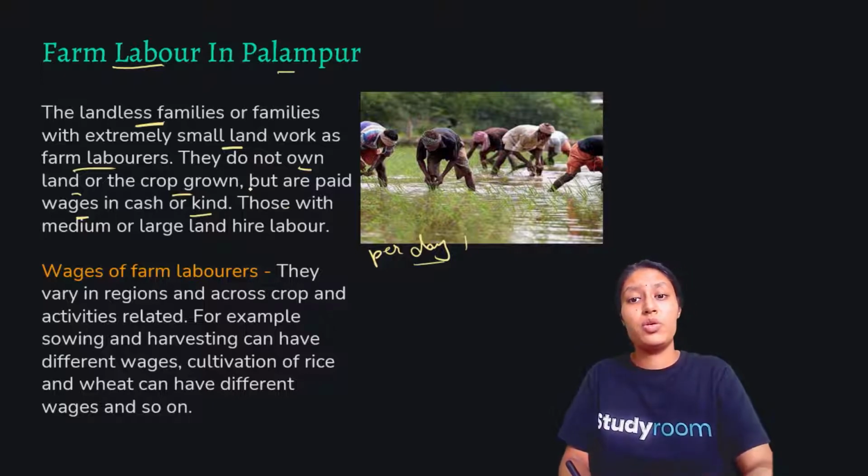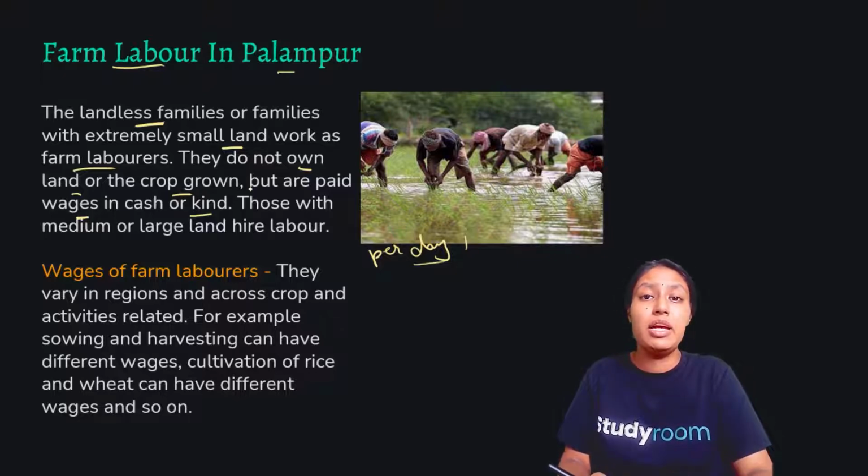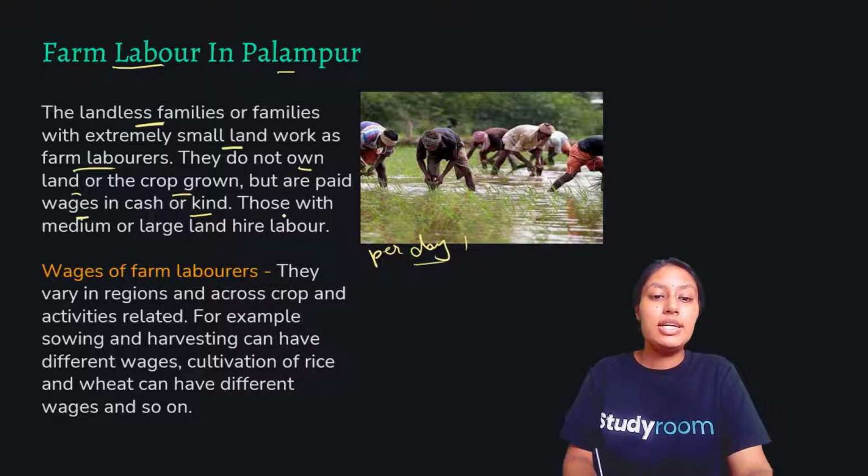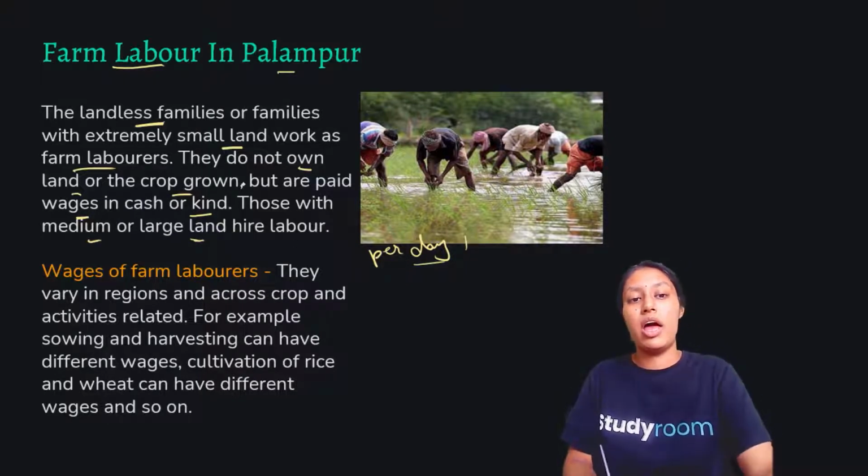If they worked on their land, sometimes they would not get cash. They would get kind. Kind is basically other material things. It can be crop, it can be anything that they require, apart from cash. So they work with medium or large landowners. Large or medium land farmers hire such laborers. So they hire farm laborers.